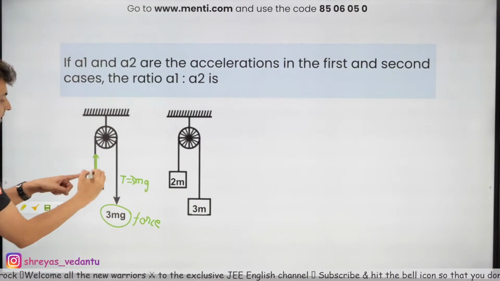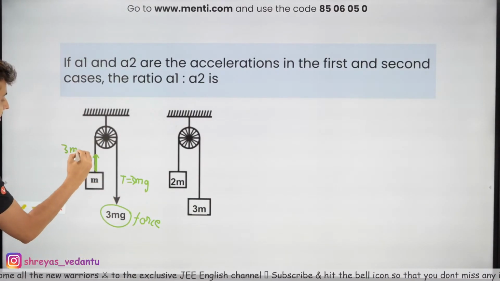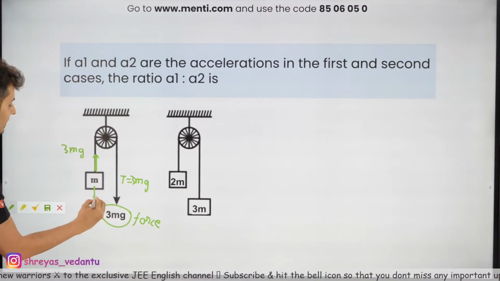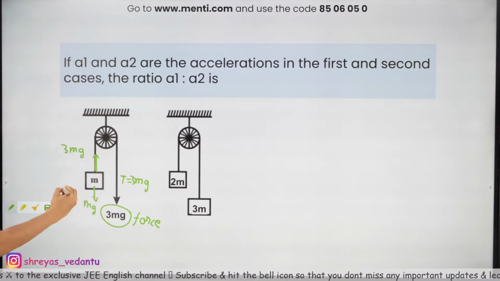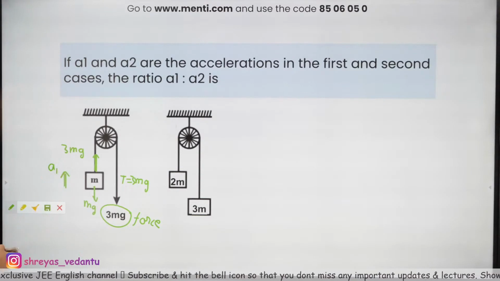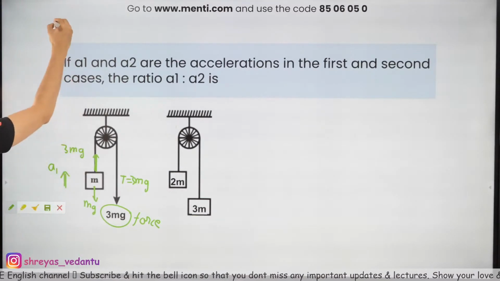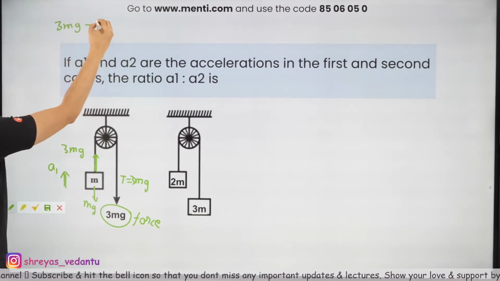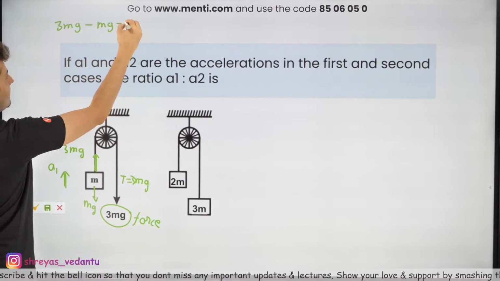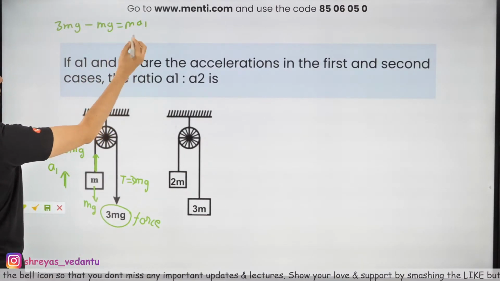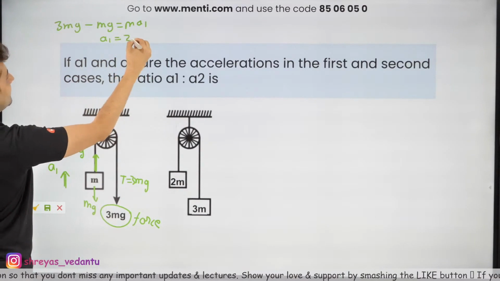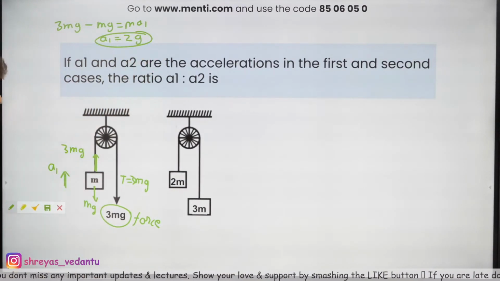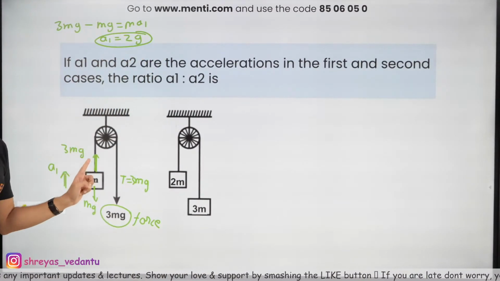So you are pulling this mass up with 3 mg, but its own weight is mg downwards. So what will be the acceleration a1? You can see that 3 mg minus mg will be m a1. So naturally a1 will be 2g. In the first situation, the acceleration will be 2g.